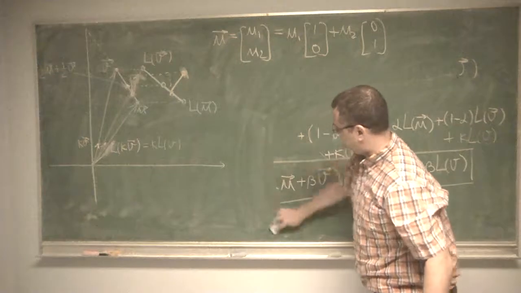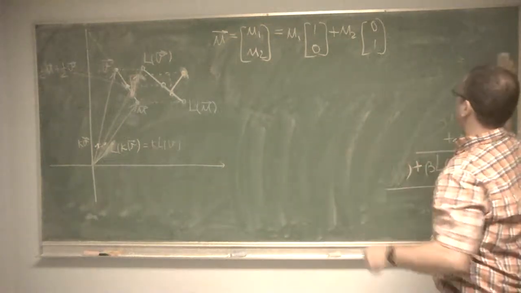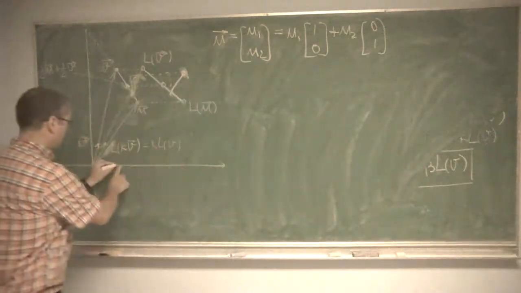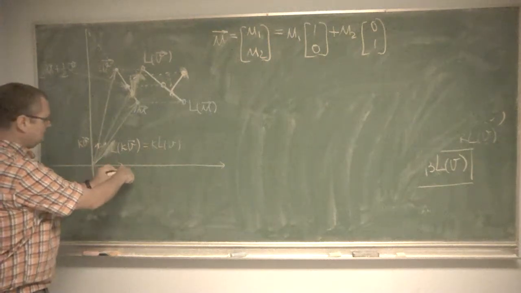That's just by basic matrix arithmetic. I can decompose it in this way. Now this point (1, 0), that's a point here, a distance 1 from the origin, okay?